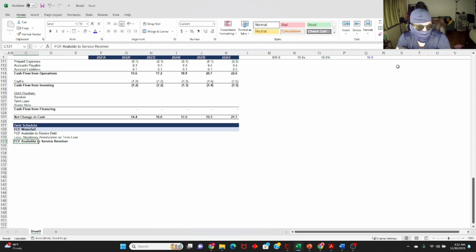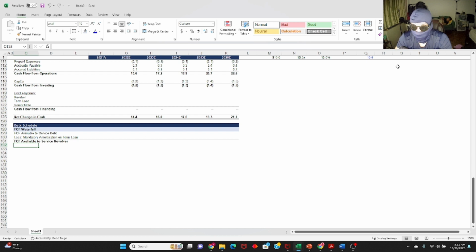Given that revolver is short-term debt, it's more immediate. You need to pay that within a year. So you're going to use whatever cash to pay that tranche first. But because your term loan has a mandatory amortization amount, that precedes the repayment of the revolver in the order in which you pay off the debt. So you're going to deduct out the cash used for your mandatory amortization for the term loan, and then use the remaining cash to pay off the revolver, and so on.